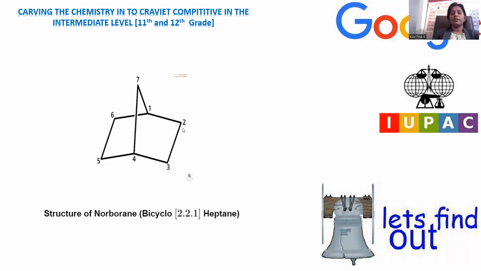Total number of carbons are 1, 2, 3, 4, 5, 6, 7. A 7 carbon parent chain will become heptane. So the complete name of the compound will be bicyclo[2.2.1]heptane. So simply we can say norbornane. Norbornane is the common name, and bicyclo[2.2.1]heptane is the IUPAC name of this compound.